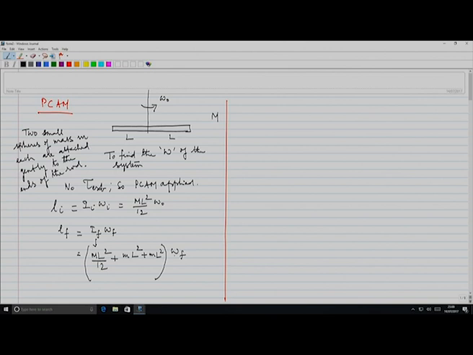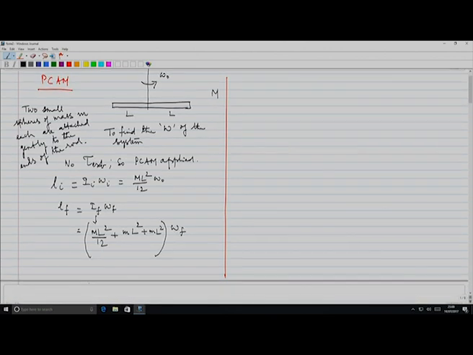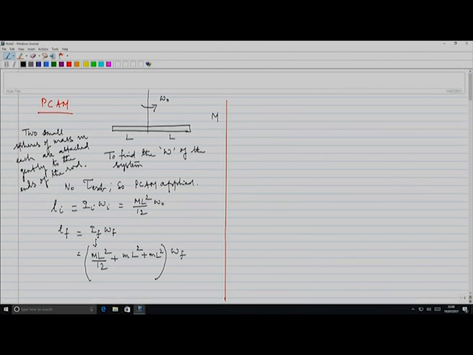If we equate these two, you will get omega f is equal to ml squared by 12 divided by ml squared by 12 plus 2ml squared, times omega naught.